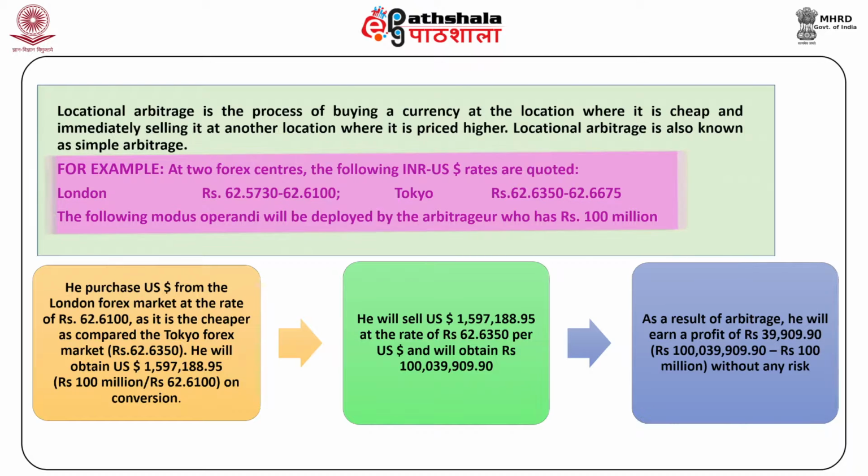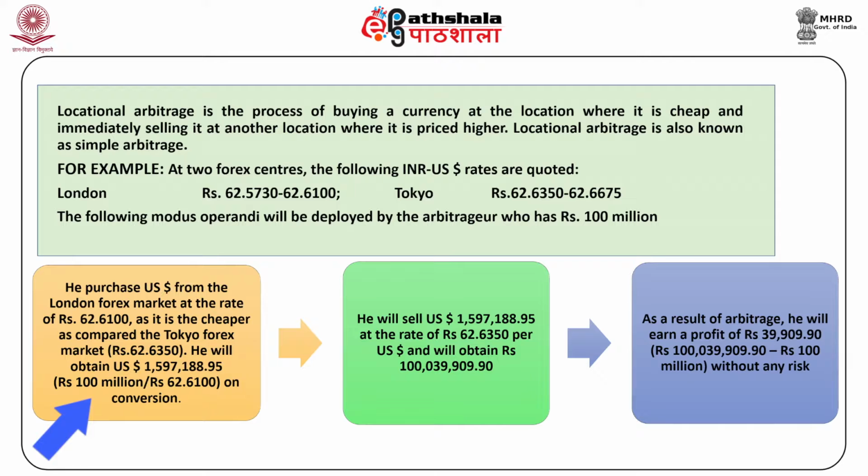The arbitrage possibilities for an arbitrator who has rupees 100 million may be found by this modus operandi. Number 1, he will purchase US dollar from the London Forex market at the rate of rupees 62.61, as it is cheaper as compared to the Tokyo Forex market at rupees 62.63.